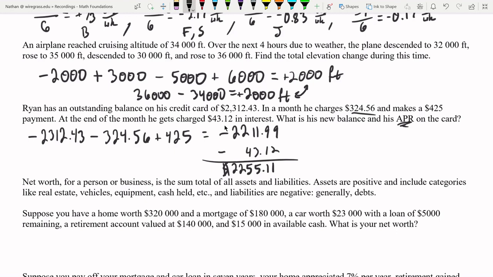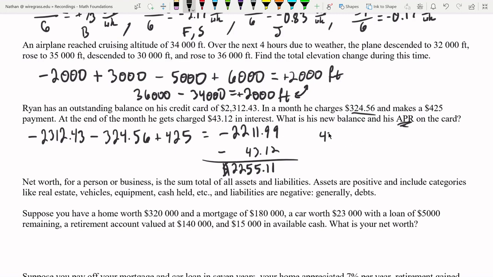So what this is saying is that if he kept this balance on the credit card for the entire year, then he would have to pay this much every single month. So in total, since this is an annual percentage rate, we have to figure out the yearly interest. We just need to multiply this by 12, since this is monthly.